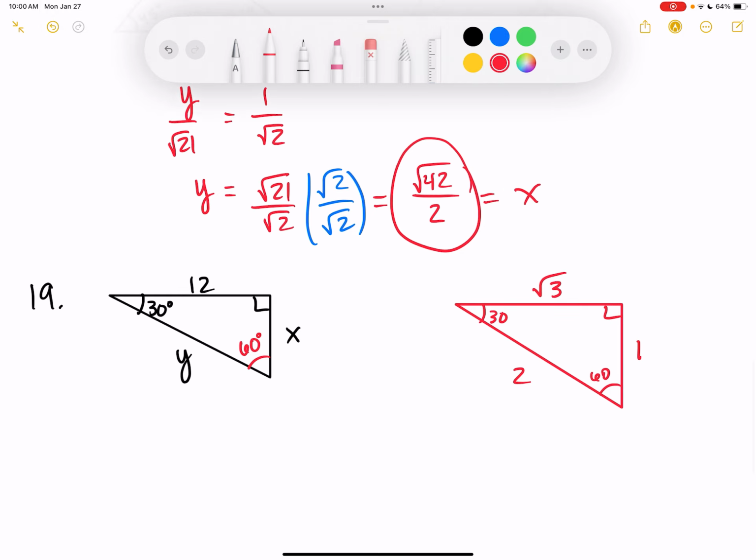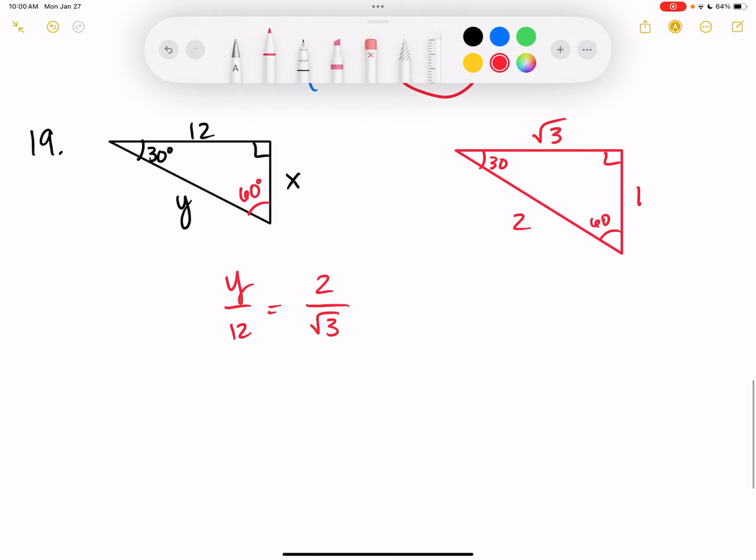All right, so I'm basically going to be doing the same thing as far as comparing. I just have to do two separate ones now. So I'm going to do 12 over y, or I could actually do y over 12. So y over 12 equals 2 over the square root of 3. I'm going to multiply by 12.